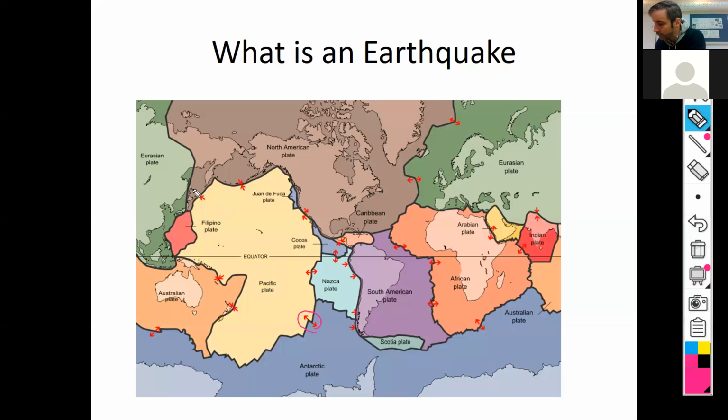That is the case, for example, in South America, in Chile, here, in Japan, over here. And it is this movement that gives the energy necessary for earthquakes to happen.